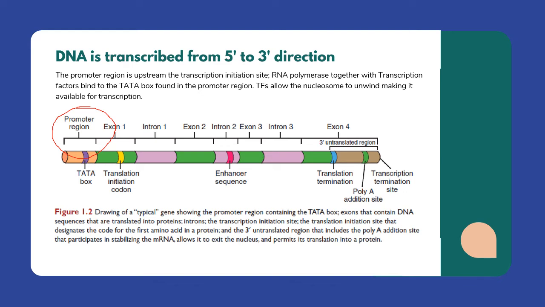RNA polymerase, together with transcription factors, will bind to the TATA box found in the promoter region. Transcription factors allow the nucleosome to unwind, making it available for transcription.